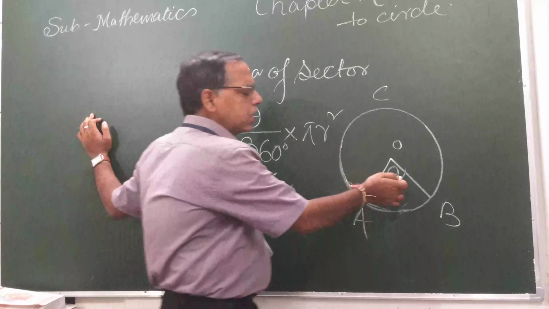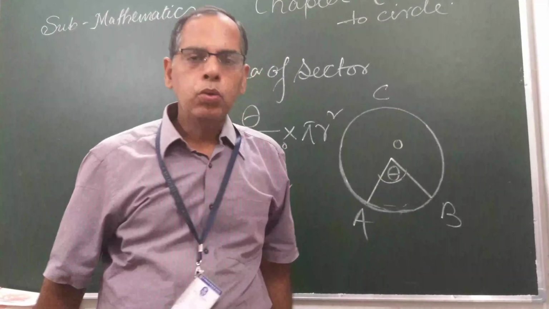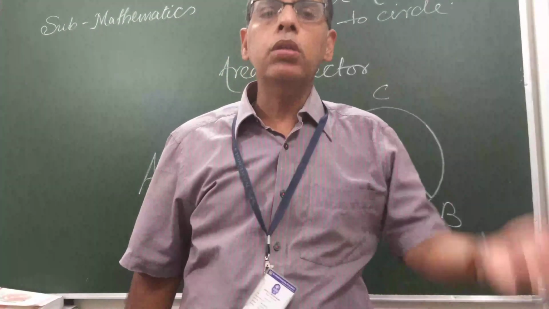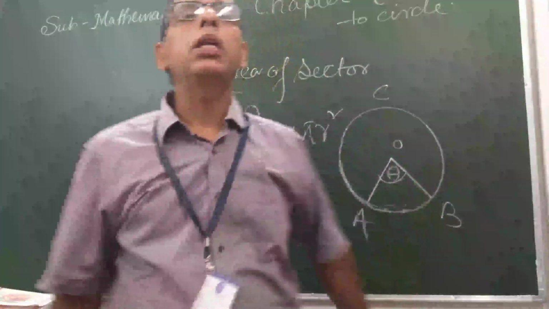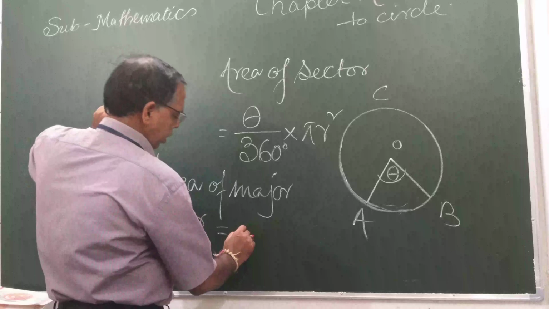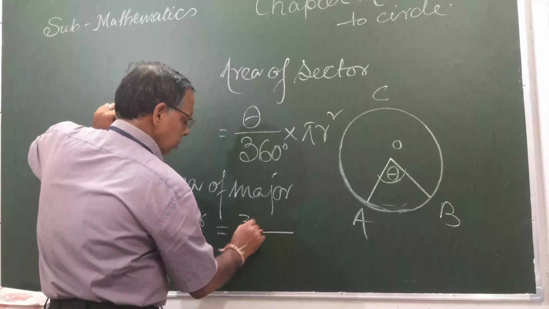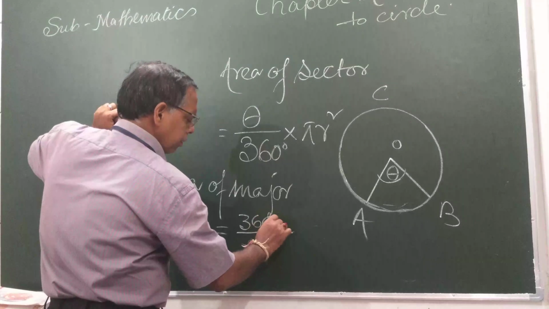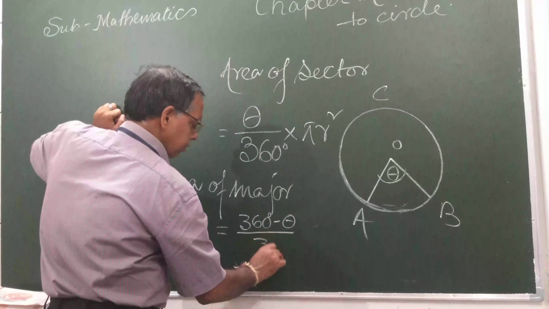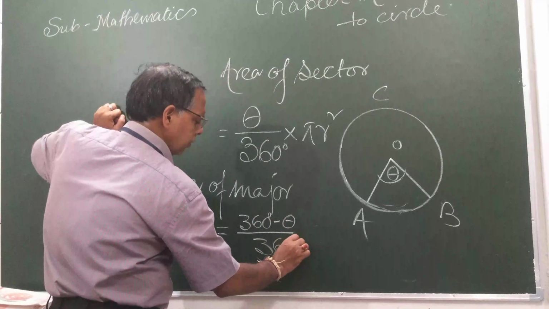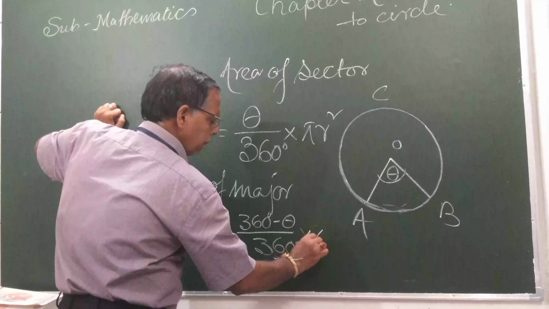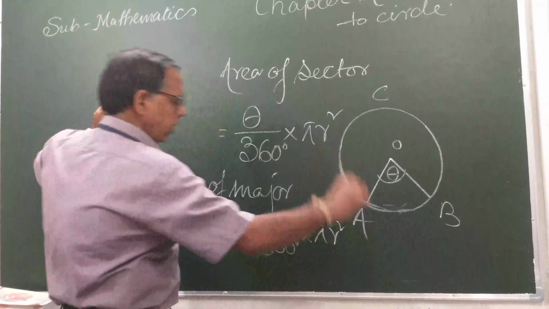The total measure is 360 degree, so 360 degree minus theta divided by 360 degree into pi r square.